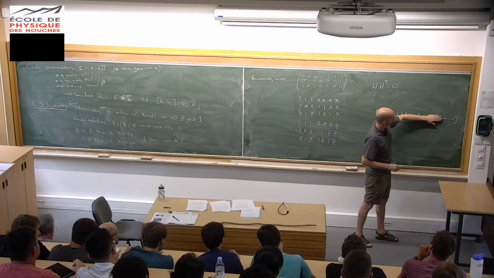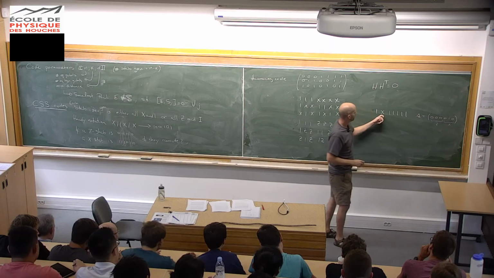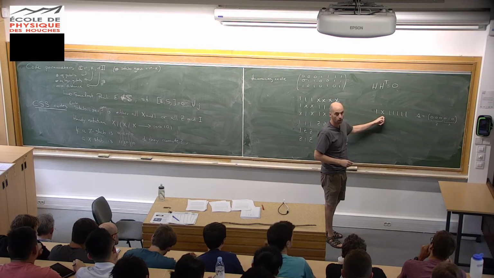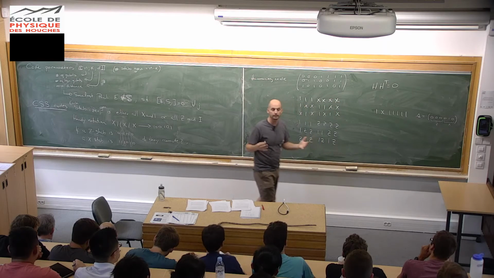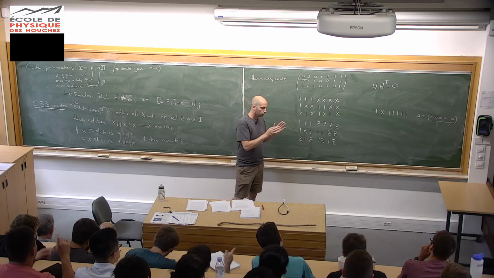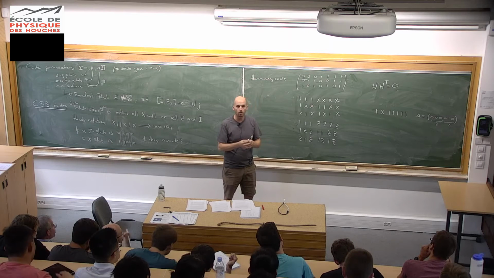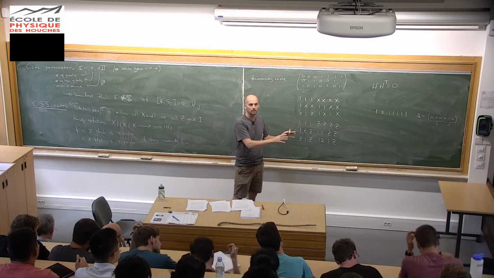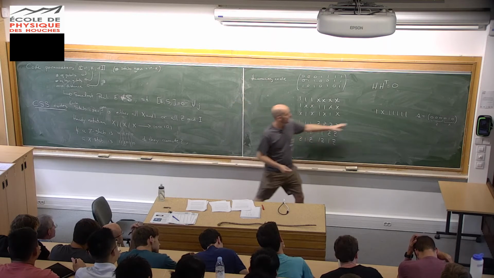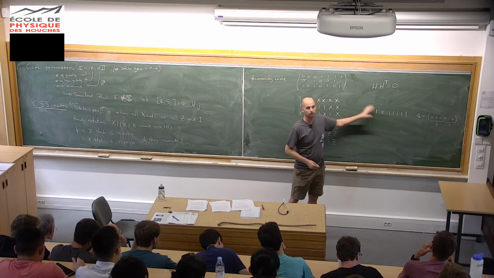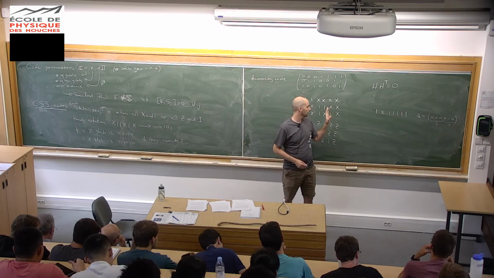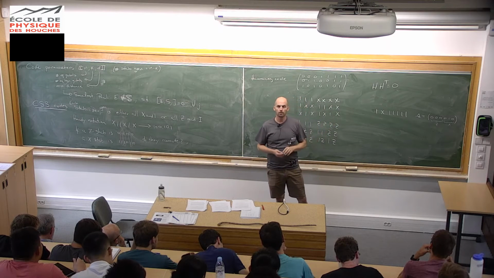This is the syndrome that you would get if you applied a classical error on the second bit. The syndrome associated to the error is the syndrome associated to the classical error. But if the error is an X, it's going to be associated to the Z part. If the error was a Z, it's going to be associated to the X part. Is that better?